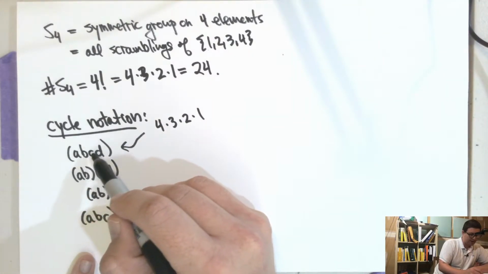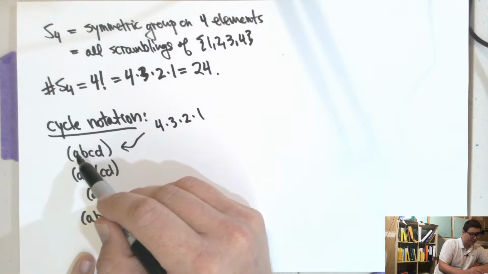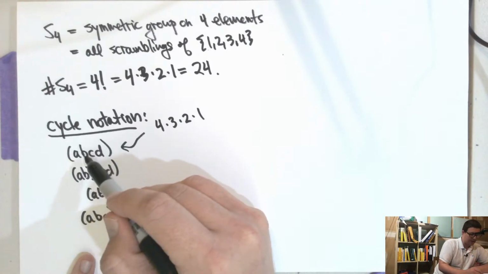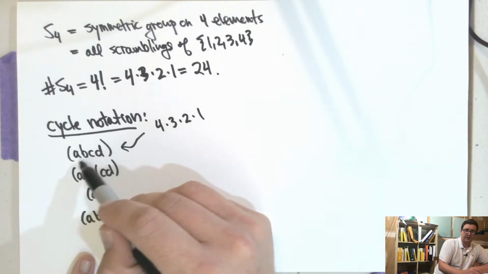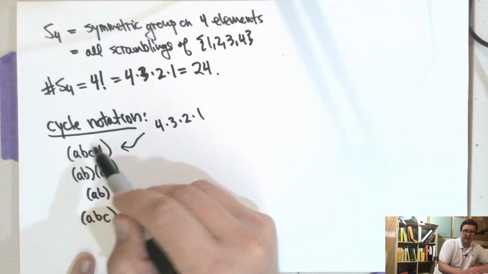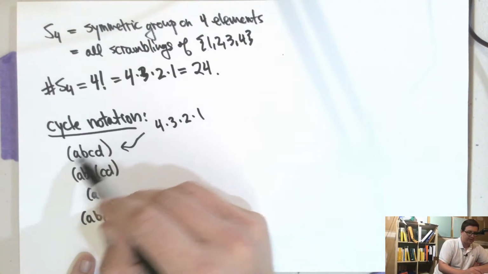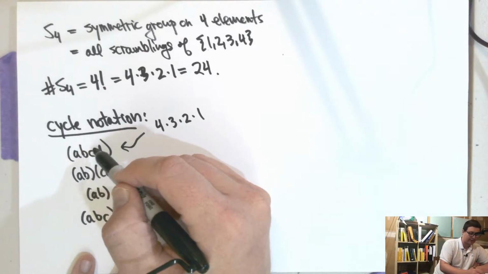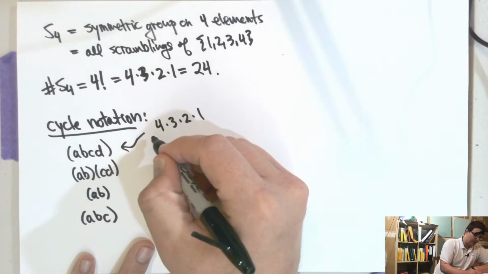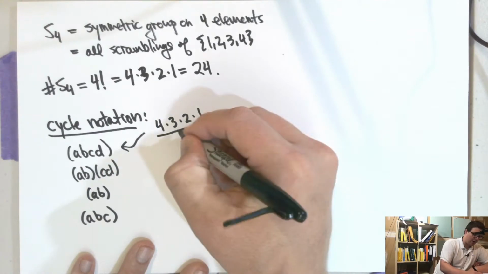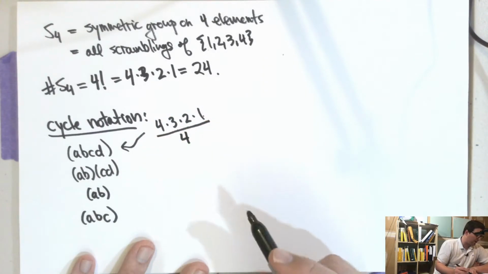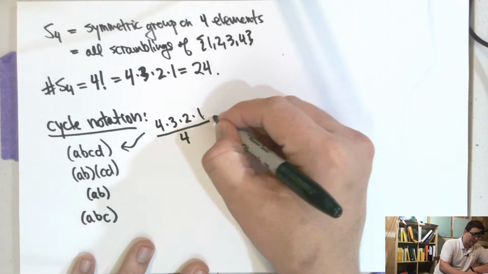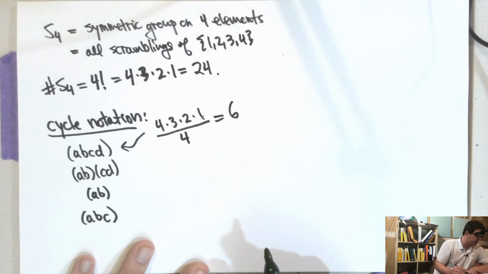So (A B C D) would be the same permutation as (B C D A), or (C D A B). If I started somewhere later in this cycle, it would denote the same permutation, because it would still be A goes to B, B goes to C, C goes to D, etc. So we've overcounted by 4. We did 4 times as many. So the number of permutations of this type is 6.